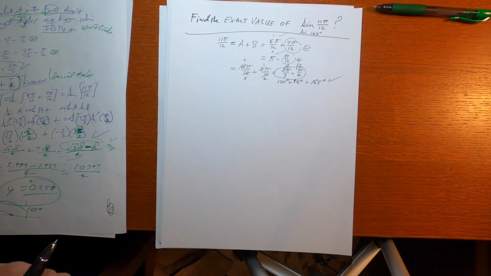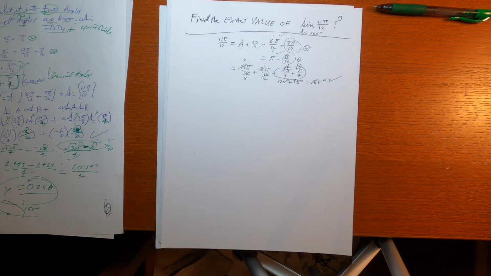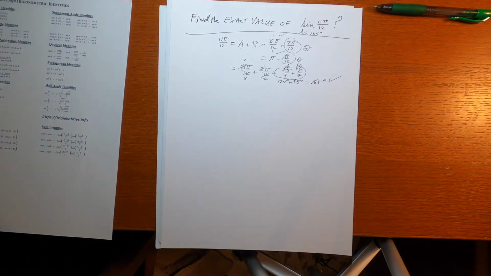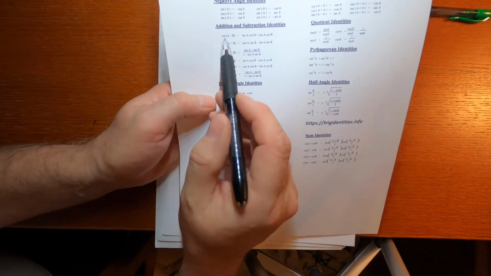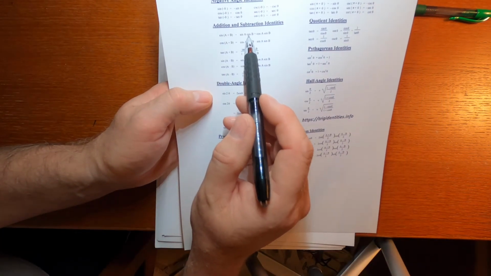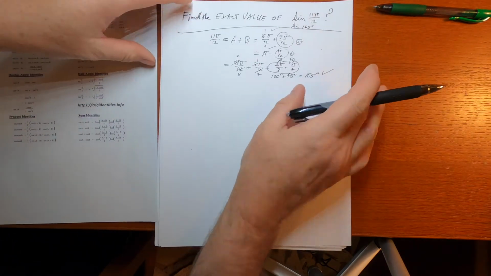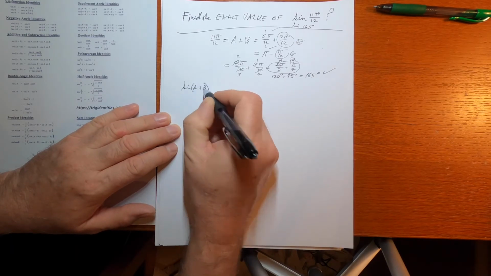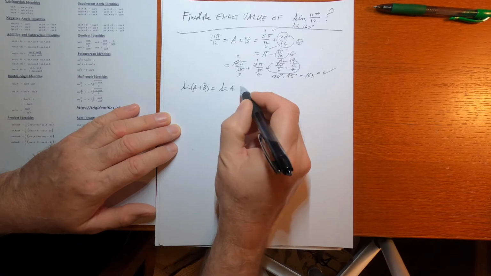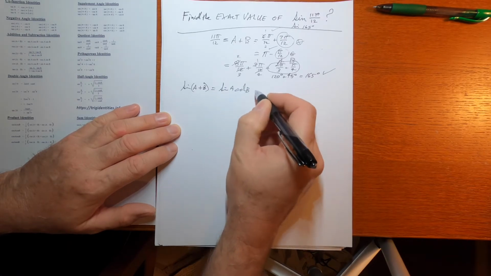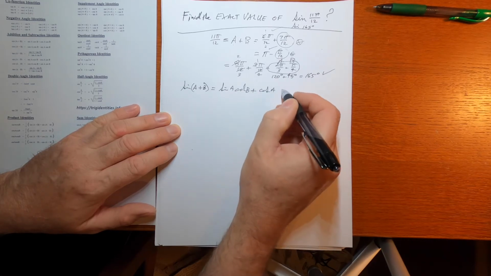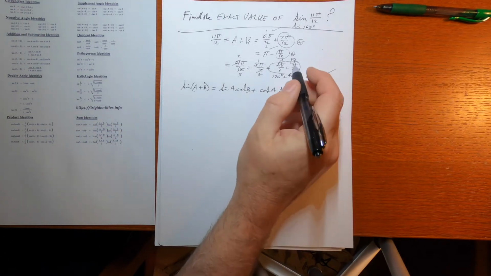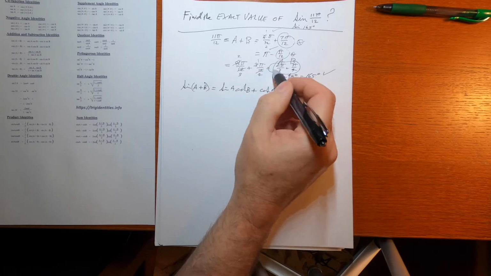Okay, so let's now dig out the identity that we were going to use. It looks like we're adding, the plus identity. So when I use my identity sheet, I'm using the sine of A plus B. So it's sine cos plus cos sine. So let's write that out. It's always good to write it out. So we have the sine of A plus B equals sine A cosine B plus cosine A sine B. All right, now we identified that that's A, that's B, right there.